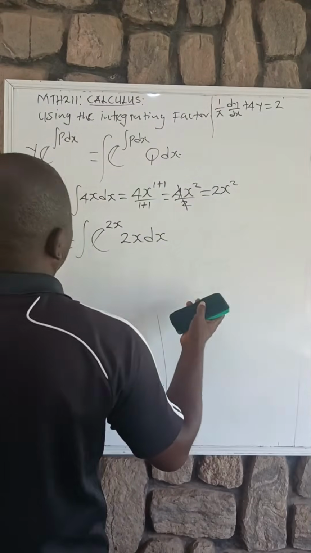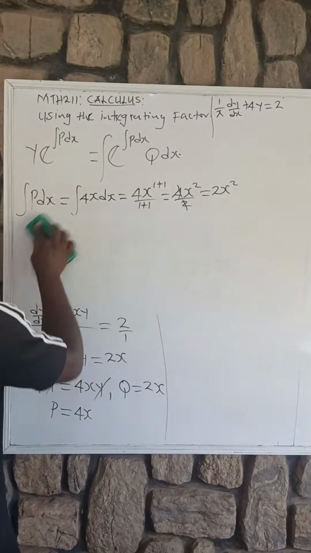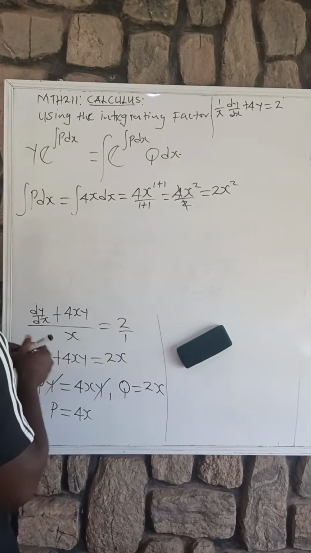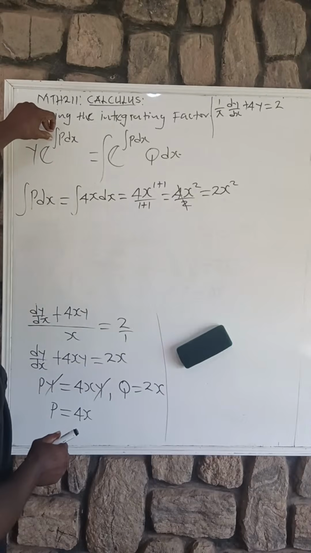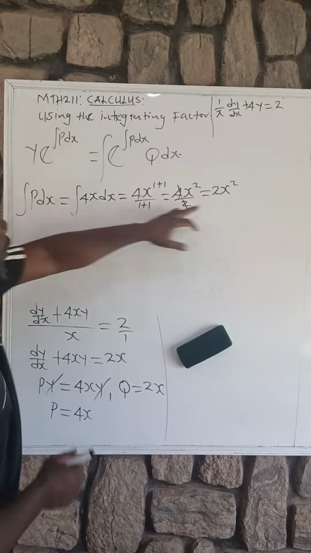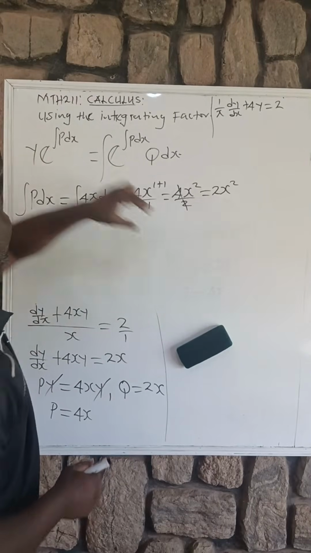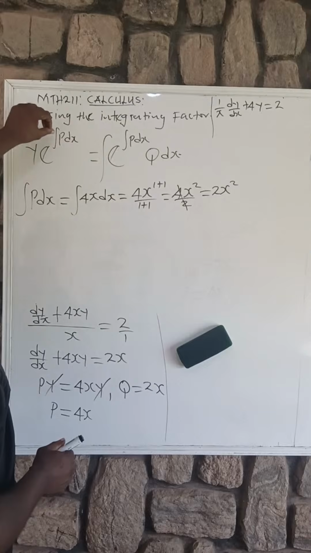Okay, look at it. Let me clean it. This is the formula, true or false. Already we have gotten the integral p dx, which equals 2x squared, true or false. So there is no need for you to rewrite this again.